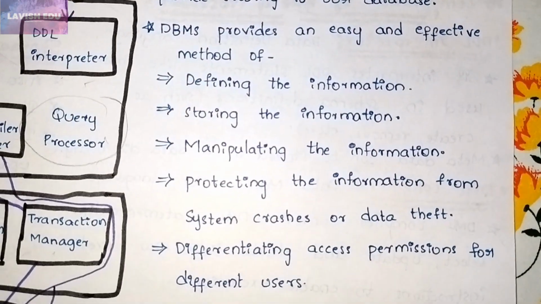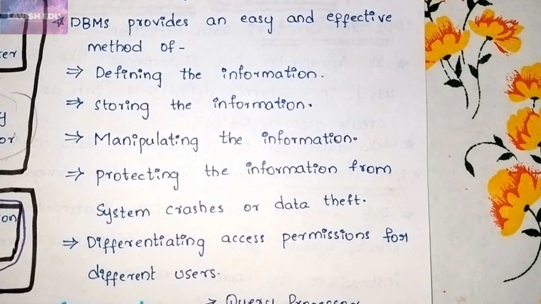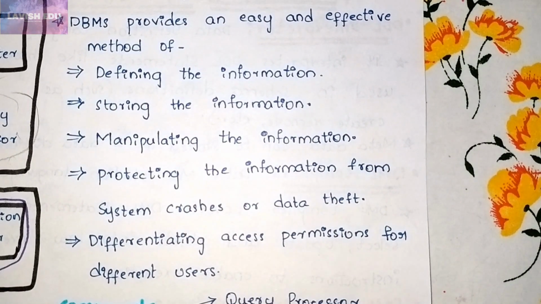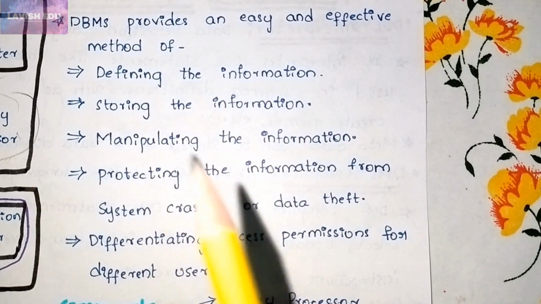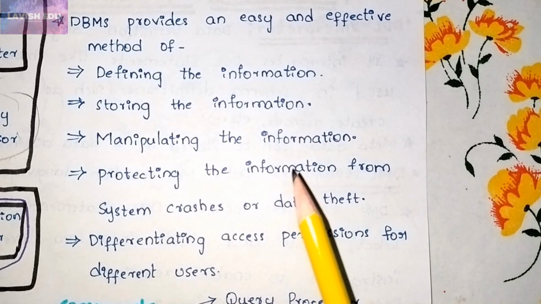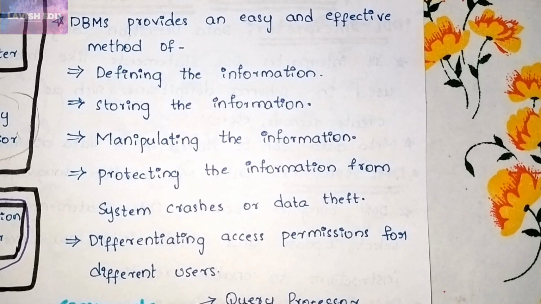DBMS provides easy and effective methods of defining the information, storing the information, manipulating the information, protecting the information from system crashes or data theft, and differentiating access permissions for the different users.